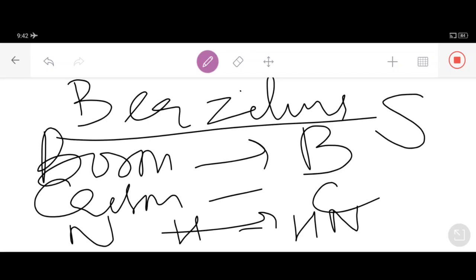From that period, Berzelius suggested that the symbols of elements be made from one or two letters of the name of the element. For example, boron is symbolized as B, carbon as C, nitrogen as N, hydrogen as H, sulfur as S. So this was all about symbols proposed by Dalton and the suggestion of Berzelius.